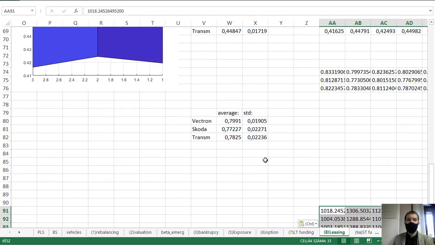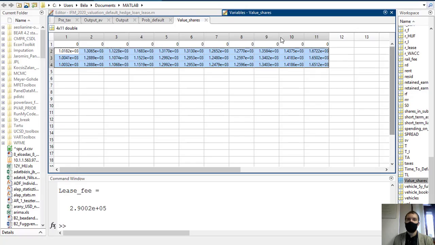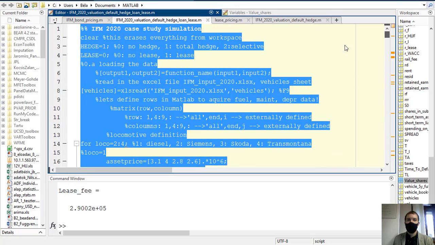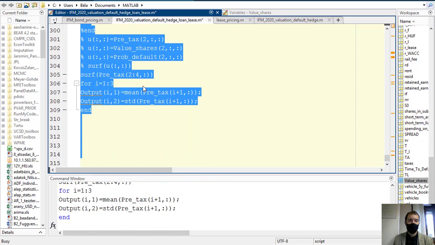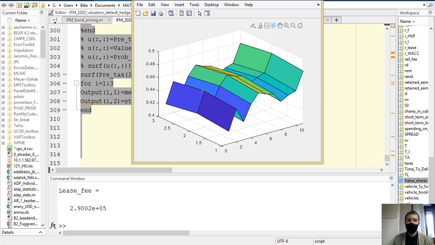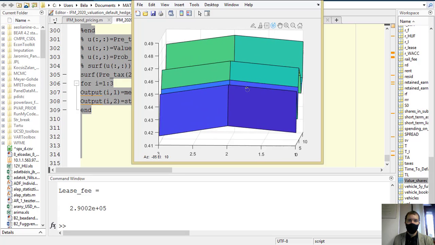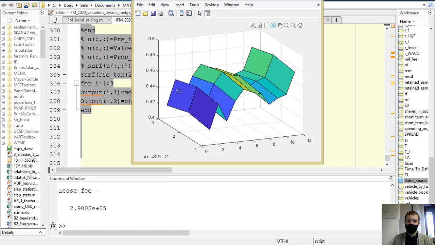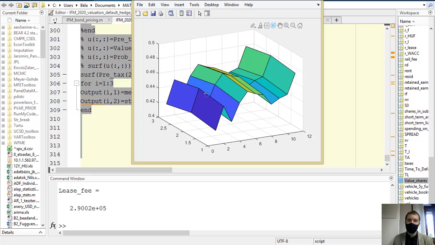Okay, then let's see the next thing, which was the default probability. Let's turn back to using the lease. Can we see the same thing, that the probability of default declines at Skoda? And we can see it's highest here, as it has a maximum. Cool.